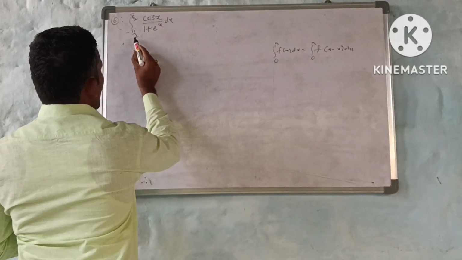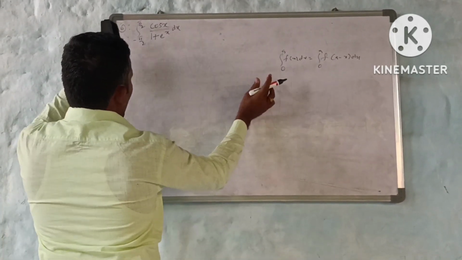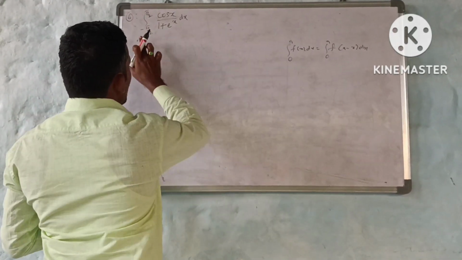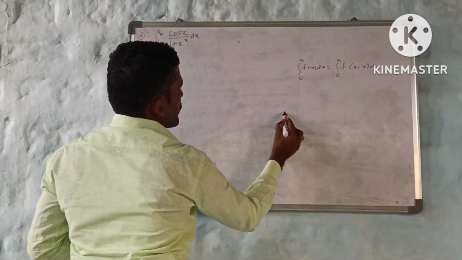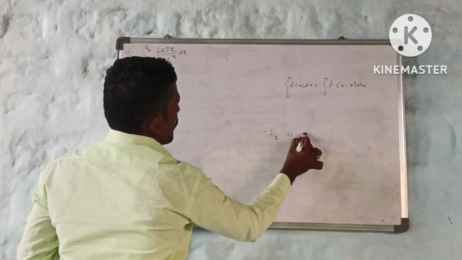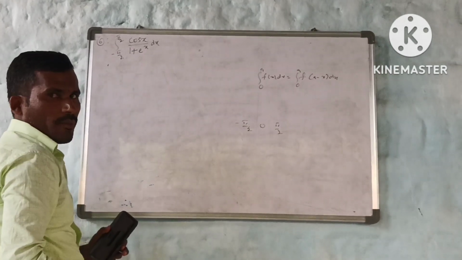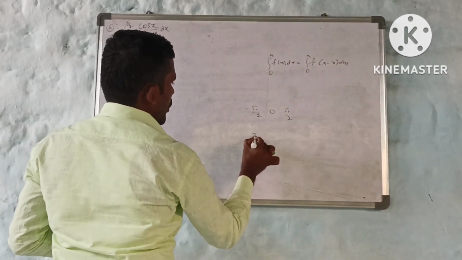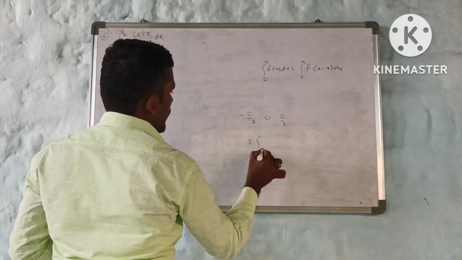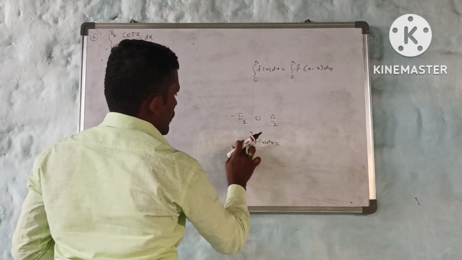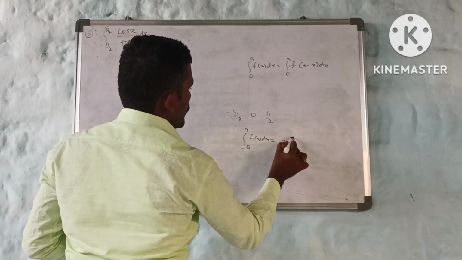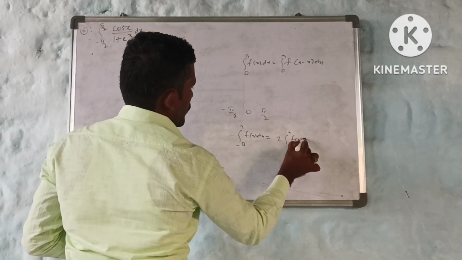But here, in place of 0 we have minus pi by 2 to pi by 2, so this problem we can solve by this one also. Because the limits are minus pi by 2 to pi by 2, the integral from minus a to a of f(x) dx can be written as 2 times the integral from 0 to a of f(x) dx also.